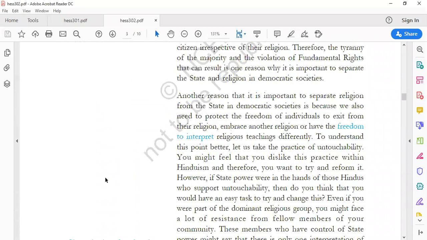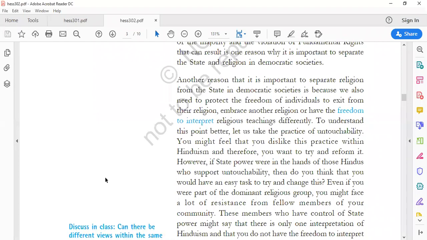Another reason why you should separate state from religion is that we need to protect the freedom of individuals to exit from the religion and embrace another religion, or have the freedom to interpret religious teachings differently.